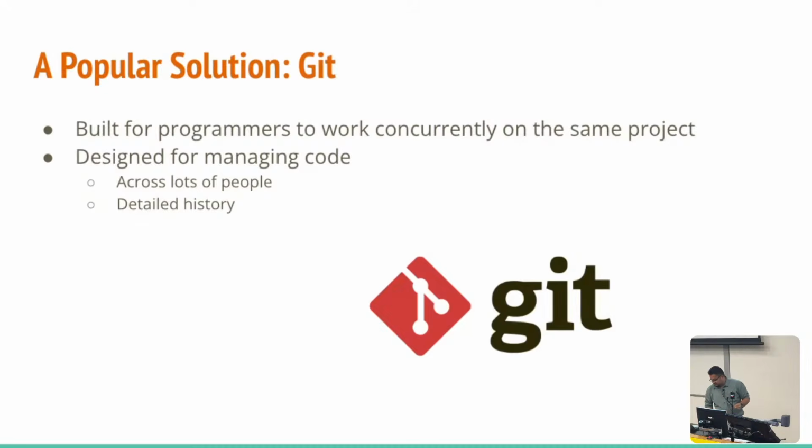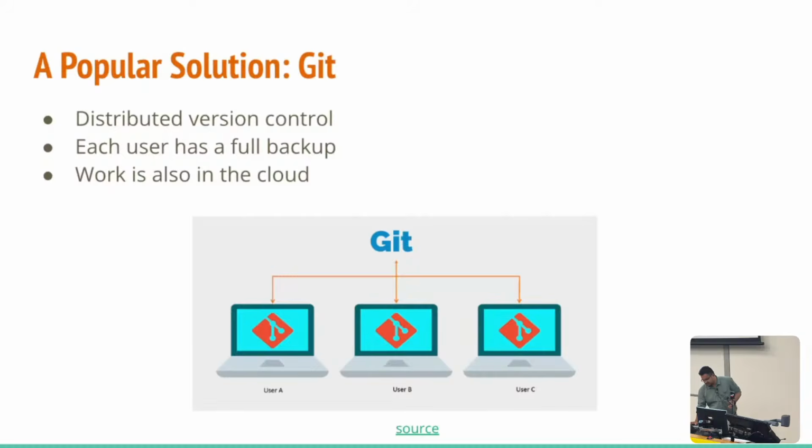Now Git is the software that we're going to use. So basically that is what is going to help us with all these version control and collaborative programming, right? It's specifically designed for managing software engineering projects, right? It allows distributed version control.